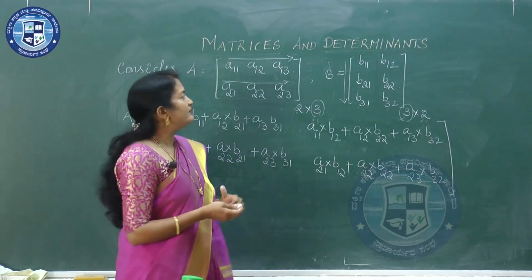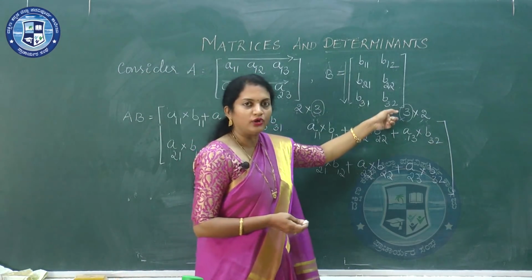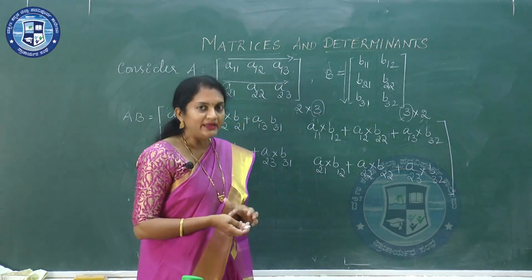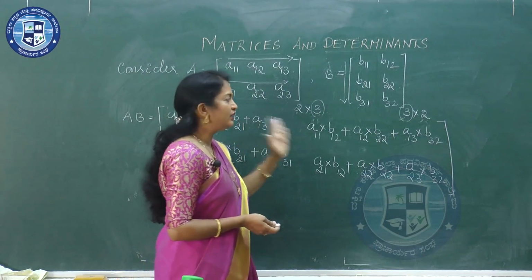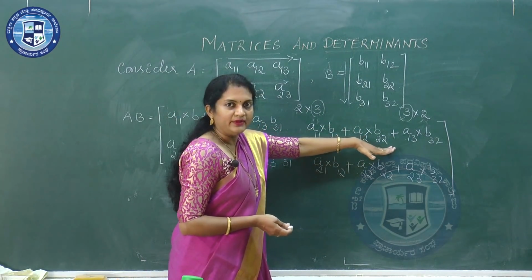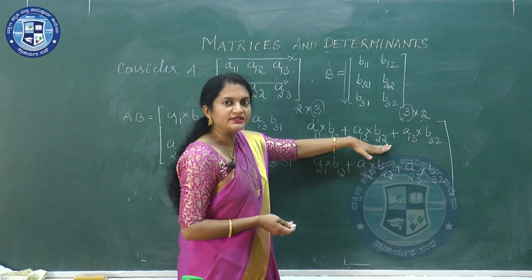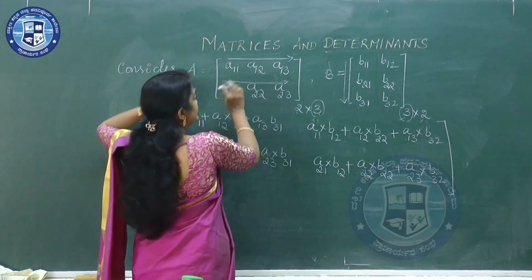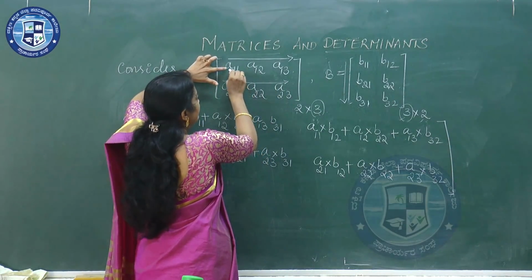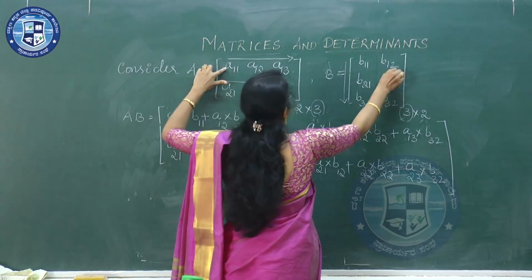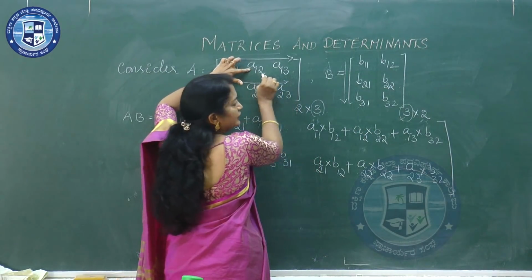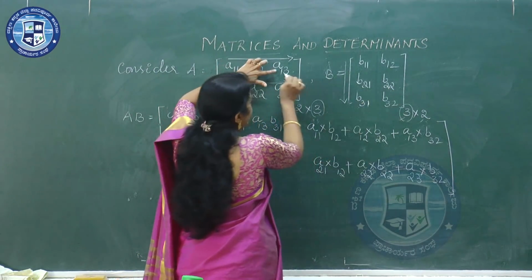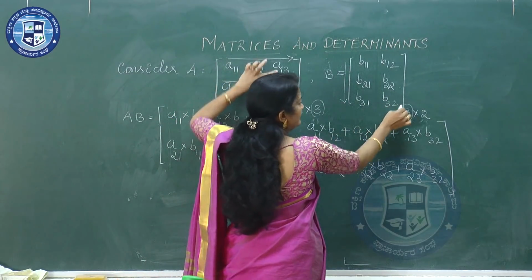When we multiply with the first row second column, we will be getting the first row second column element. We will be getting this element here, first row second element we are getting. So multiplication is as we did earlier, A11 into B12 plus A12 into B22 plus A13 into B32.